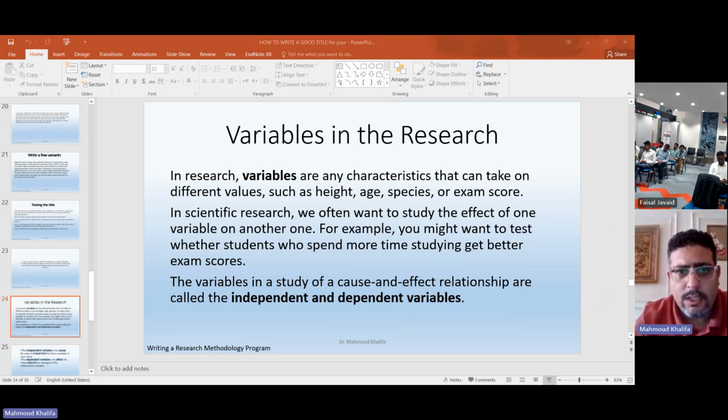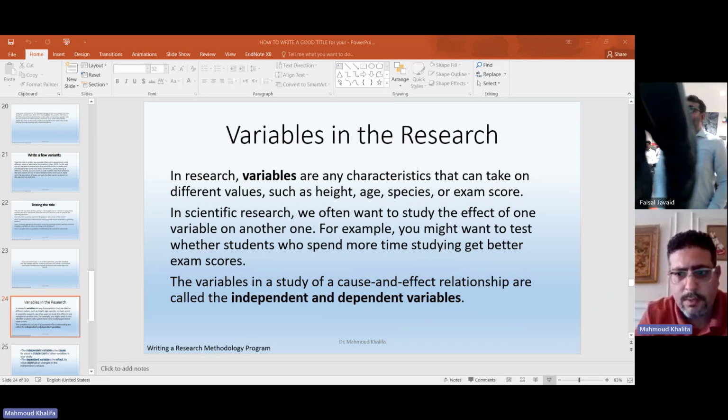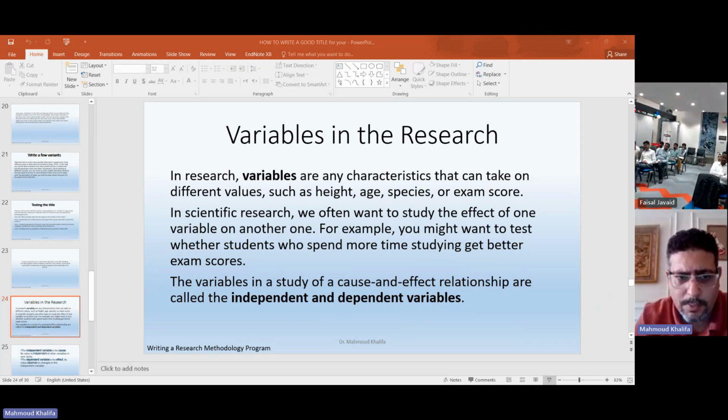So we need to differentiate between the two variables in your title. The dependent variable is the effect. Its value depends on changes in the independent variable. And I will provide you examples to show the difference between independent and dependent. Okay?